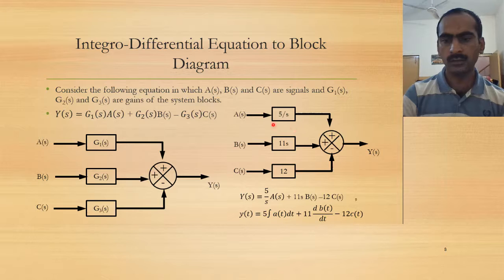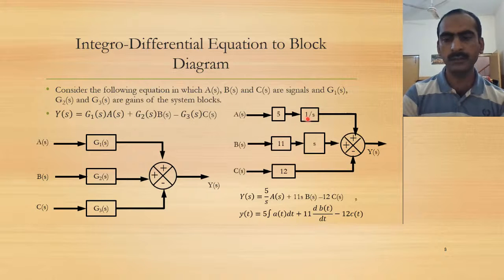Here it is 5 by s, 11s, 12. The first signal is positive, the second is positive, the third one is with a negative sign. And we can also further divide these blocks into sub-blocks. How?